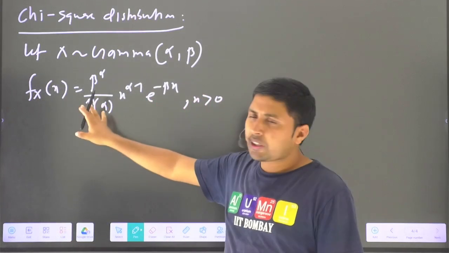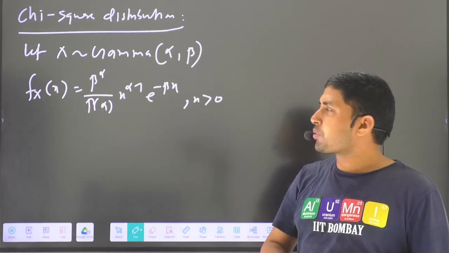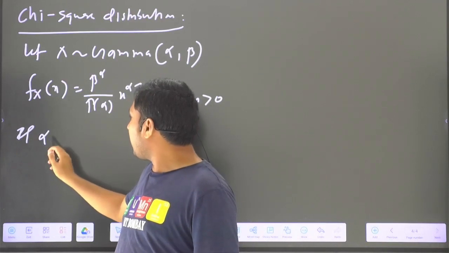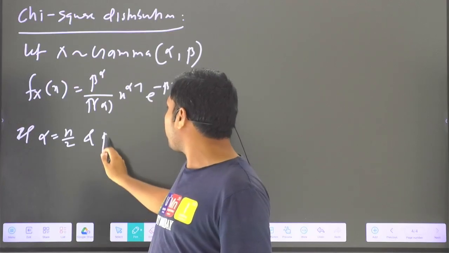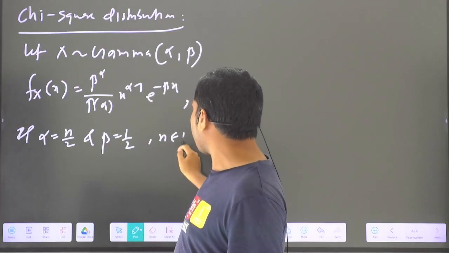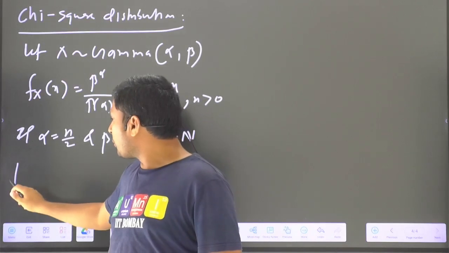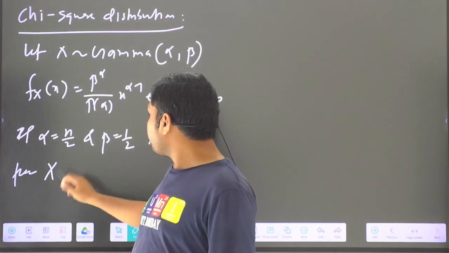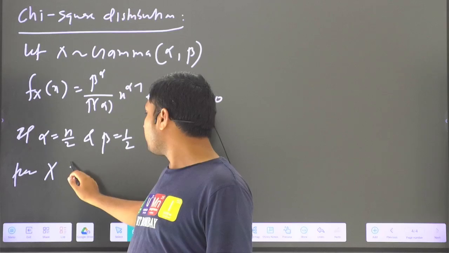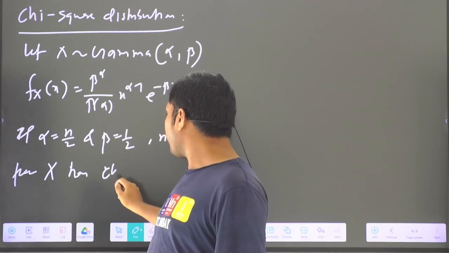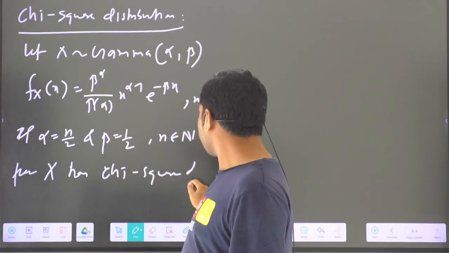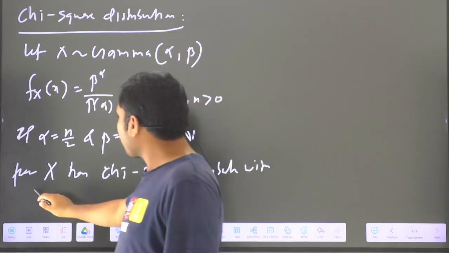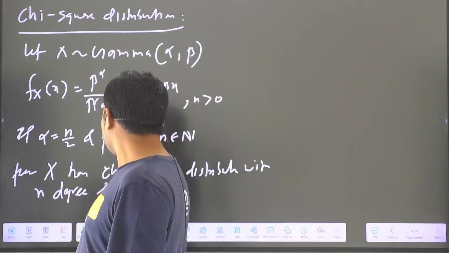Now if we take alpha equal to n by 2 and beta equal to 1 by 2, for n a natural number, then x has chi-square distribution with n degree of freedom.